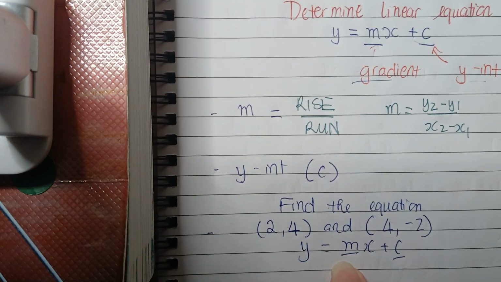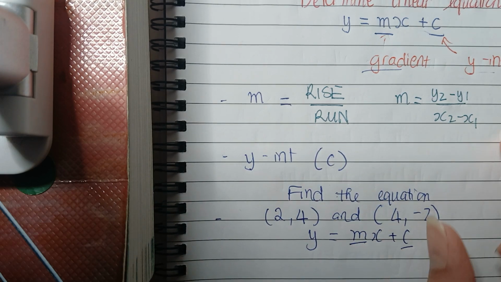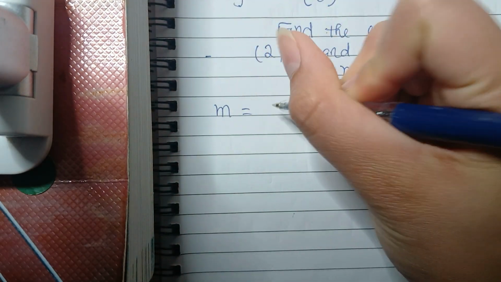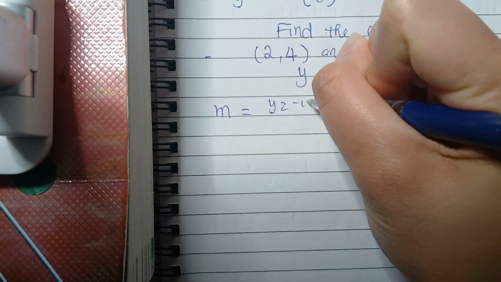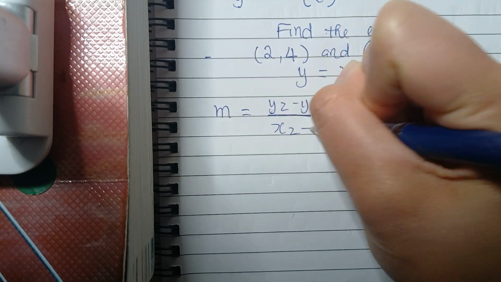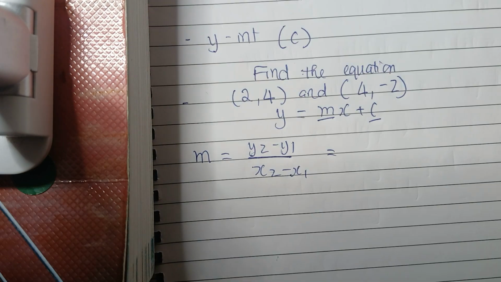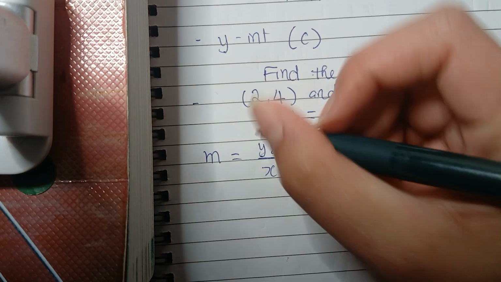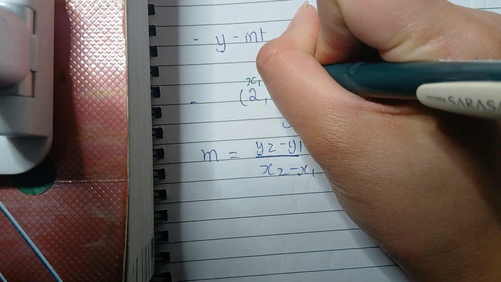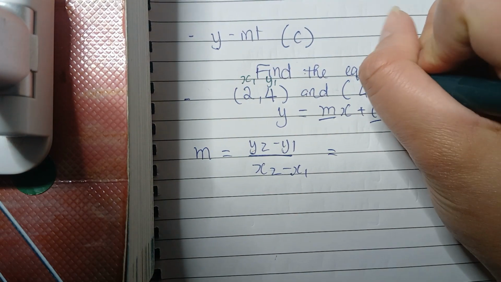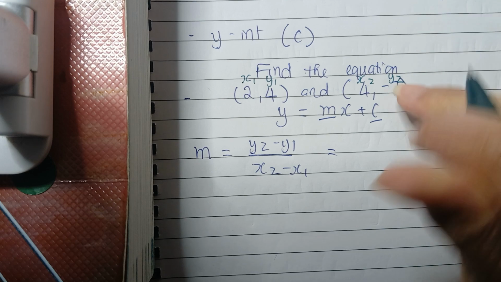So first, what is m? We're going to use this formula: m equal to y2 minus y1 over x2 minus x1. Second step, you label the points. This is going to be x1, y1. It doesn't matter which one you call x1, y1 or x2, y2, but it's going to be easier for you to match it.